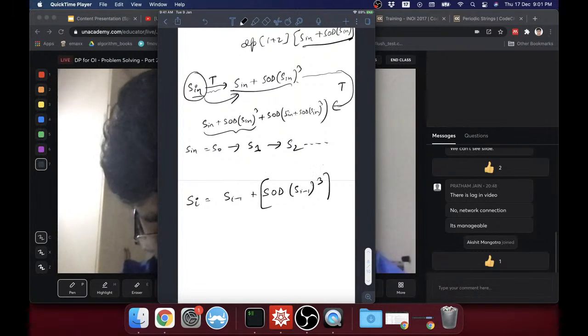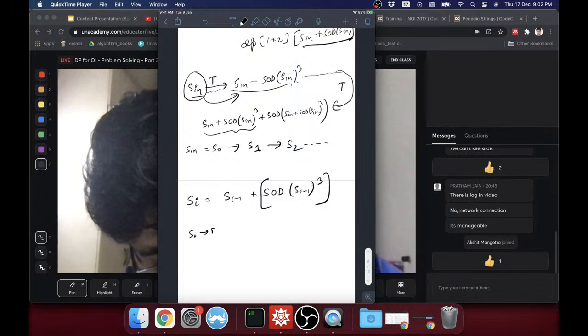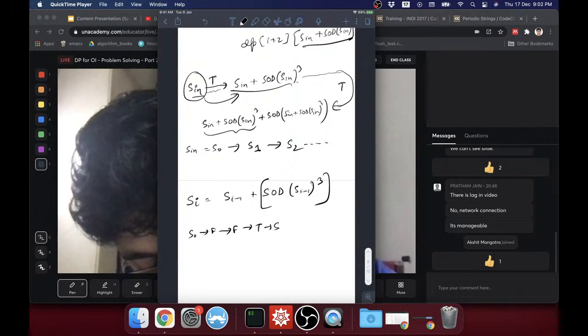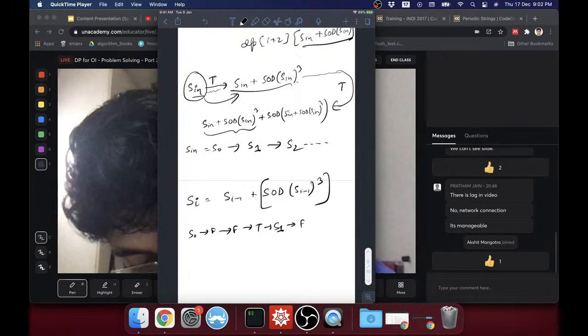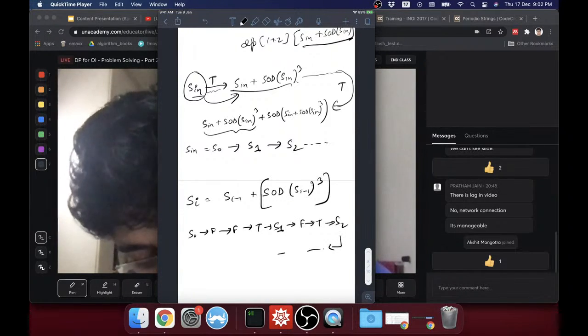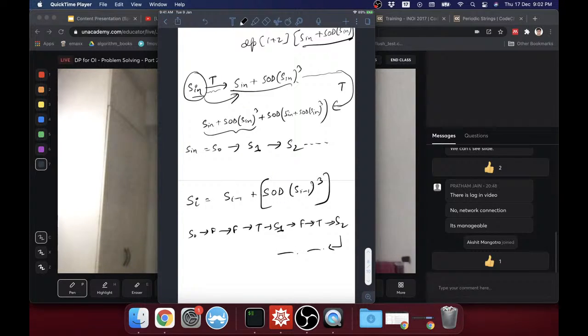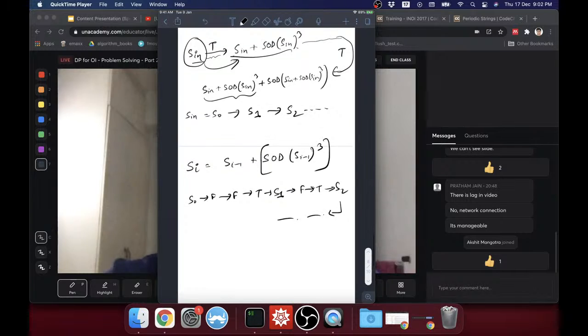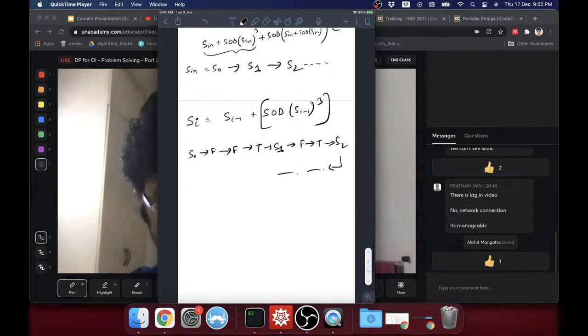Agreed? So initially you are at S0. Maybe you fight, then you fight, and then you train. And after training, it becomes S1. Then you fight, then you train, it becomes S2, and so on. It keeps on. Okay, but how does that help us?